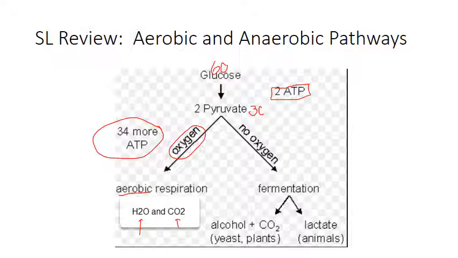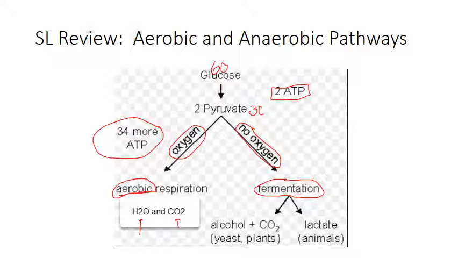It produces a lot of ATP. If there is no oxygen present, then this process looks different depending on what kind of organism you are. I should go back and tell you, aerobic respiration happens in the mitochondria if you're a eukaryote. And if you don't have oxygen present and you have to do fermentation, you're going to stay in the cytoplasm. So no mitochondria for you.